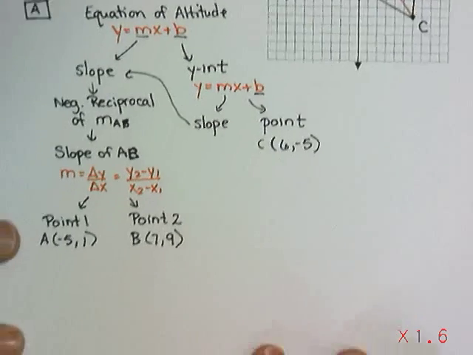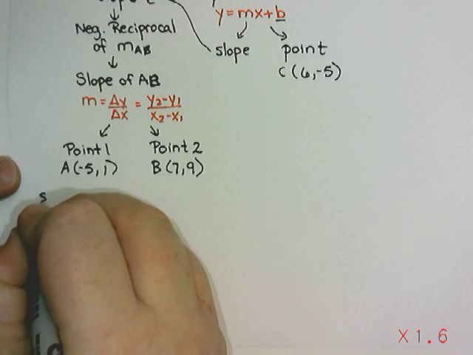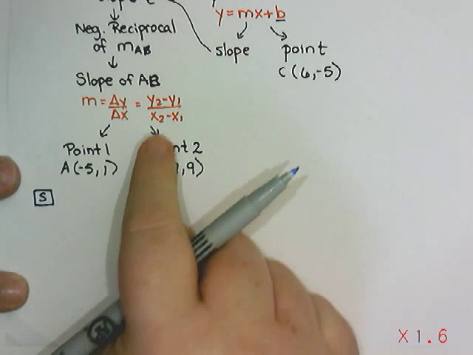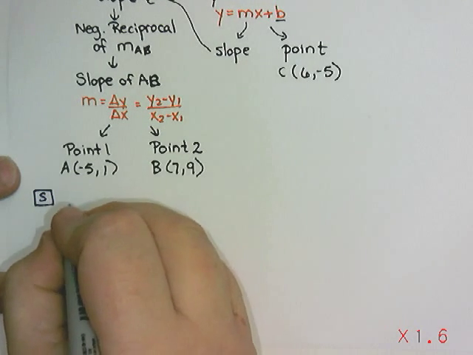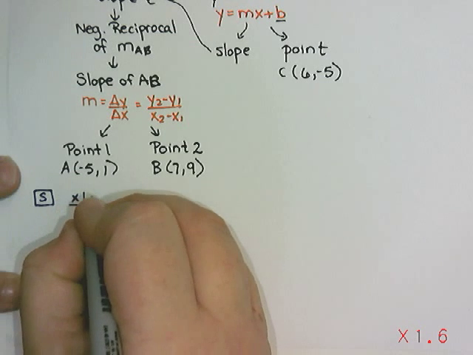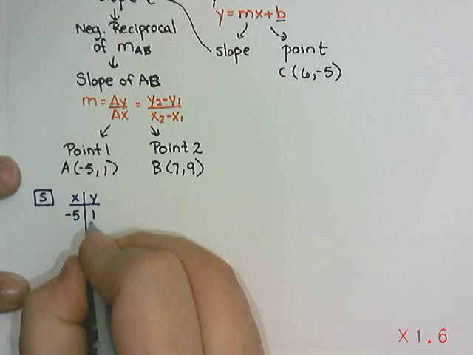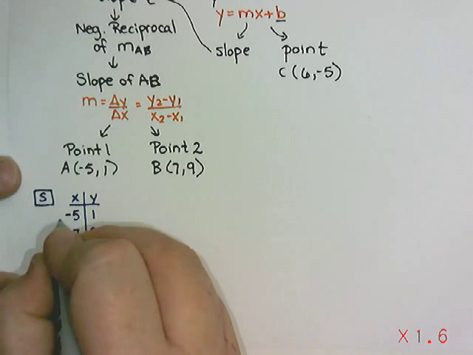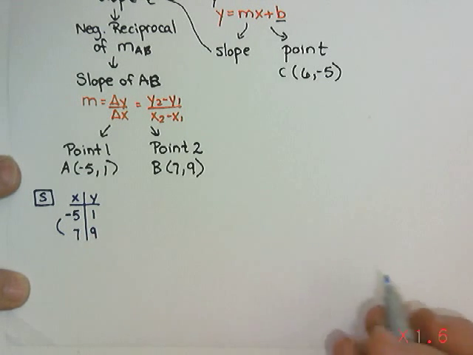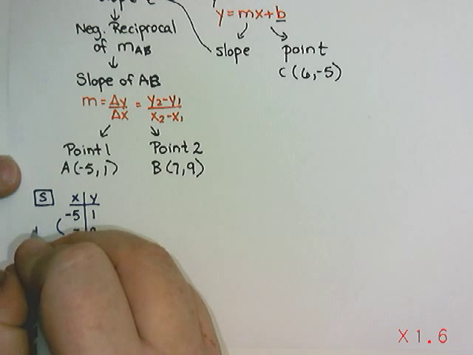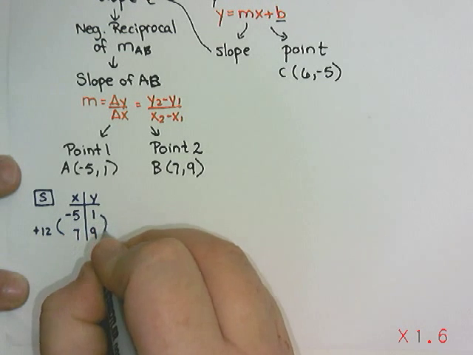So, solution. I'm going to start with the slope. I like to do the differences and then delta y over delta x. So I'm going to take my point negative 5 and 1, 7 and 9. How do I get from negative 5 to 7? I added 12. How do I get from 1 to 9?